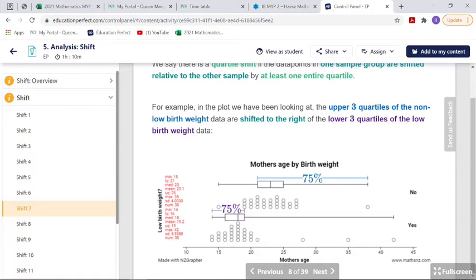So the more shift you have, the more confident you can be in saying something. If there's very little shift, then you can't really say that there's a big difference. Again, we're going to look at how you'd write that up in just a moment. Okay? But do you see that 75% of this data is higher than 75% of that data? So it indicates that this one tends to be much higher than this one. Does that make sense? Much higher values.